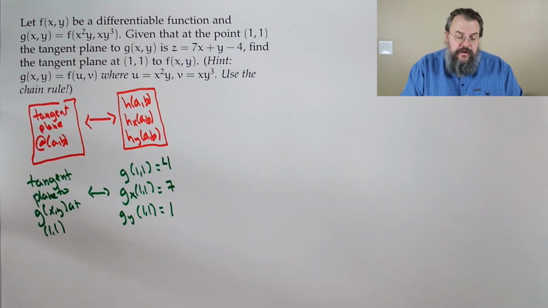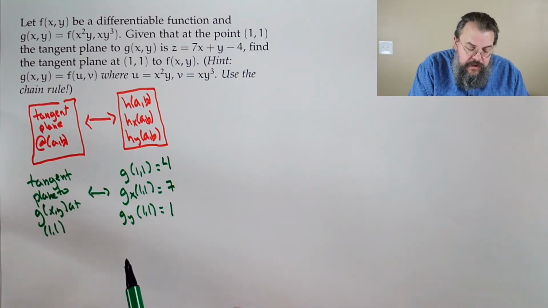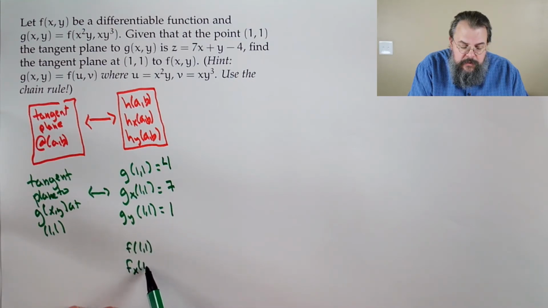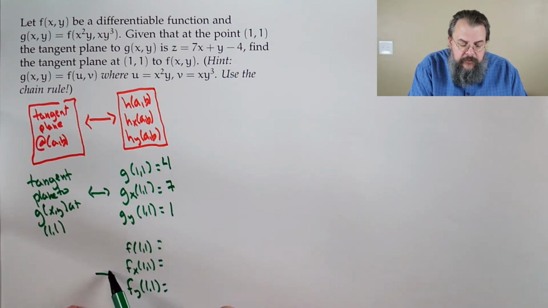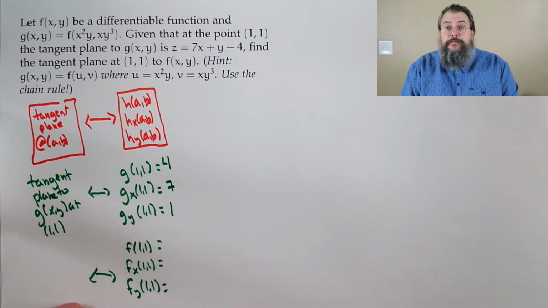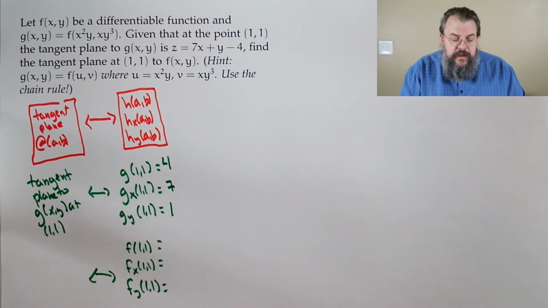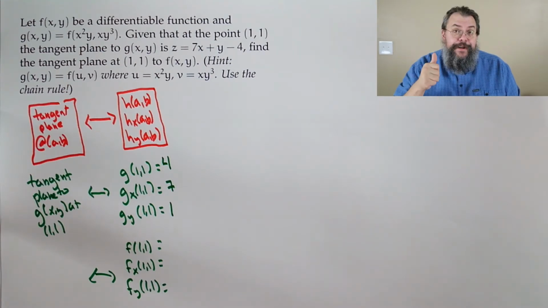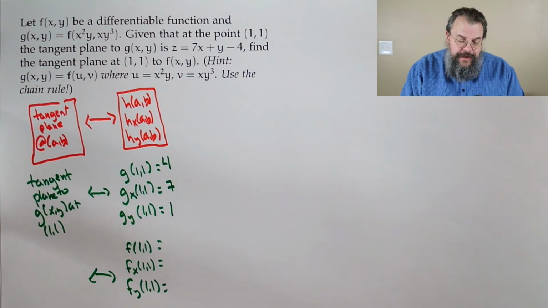And our goal is to say, well, okay, let's find f at 1, 1, f sub x at 1, 1, f sub y at 1, 1. If we can find these things, then we have a hope. Okay, so let's just note that one of them is pretty straightforward.